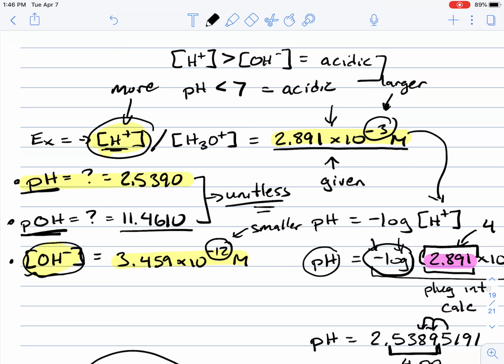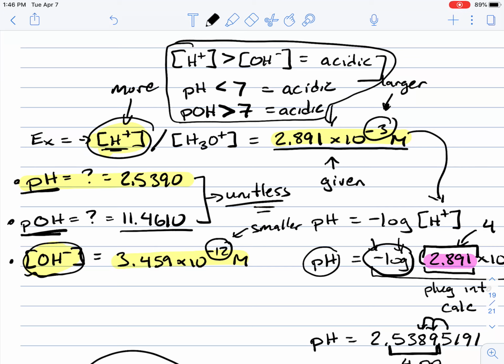And so if you guys recall from the previous lecture video, if the pOH is greater than 7, that's also informing us that the solution is acidic. So all three of these will tell us whether or not our solution is acidic or basic or neutral.